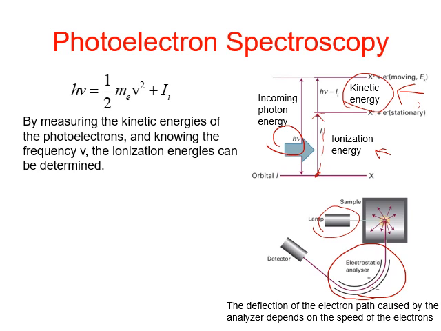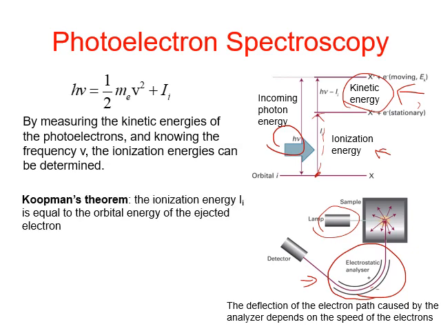Koopmans' theorem says the ionization energy is equal to the orbital energy of the ejected electron. So this way we can measure the energies of the orbitals.